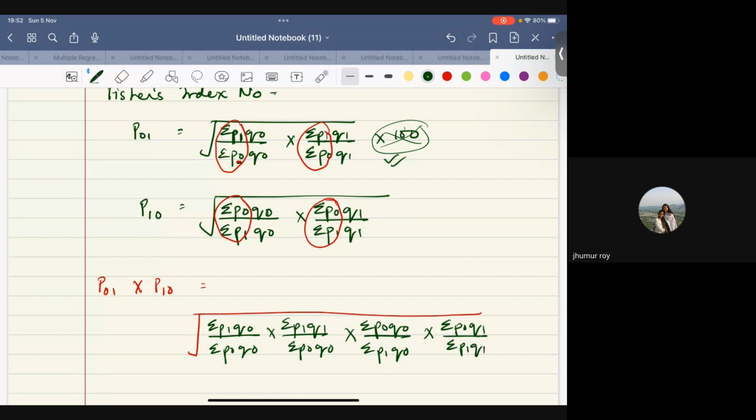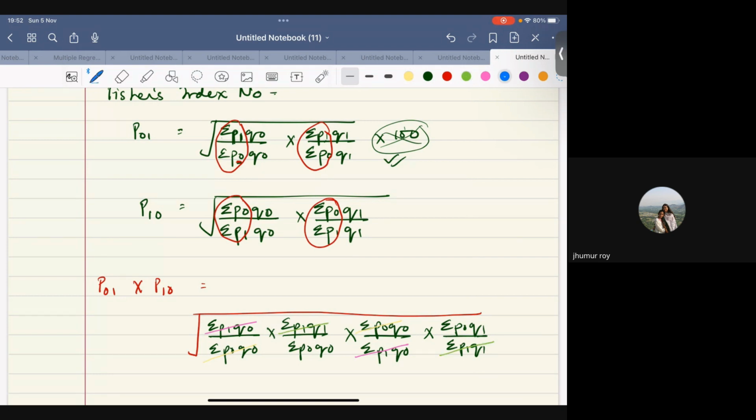Now, what we are seeing over here is that you have sigma P1 Q0 here and you have sigma P1 Q0 here. So you can cancel it out. Next, sigma P0 Q0 I have here and sigma P0 Q0 I have here. Then I have sigma P1 Q1 here and I have sigma P1 Q1 here.